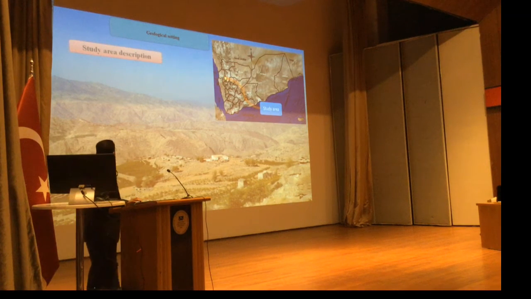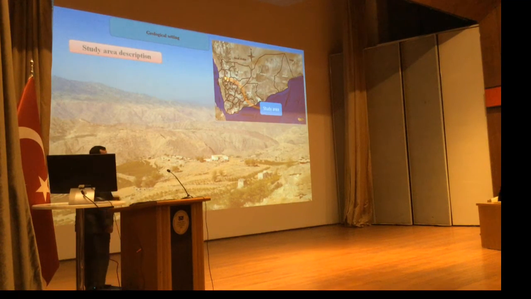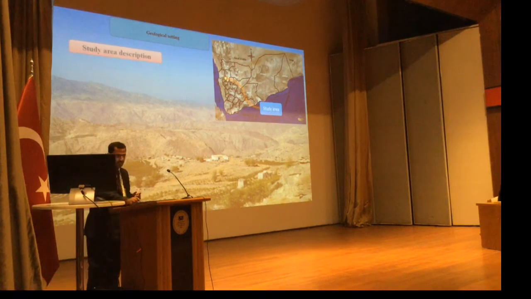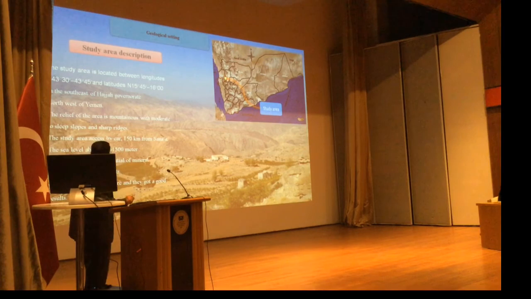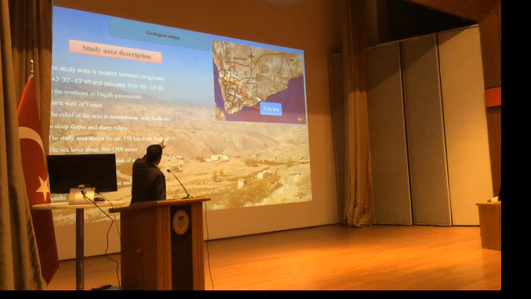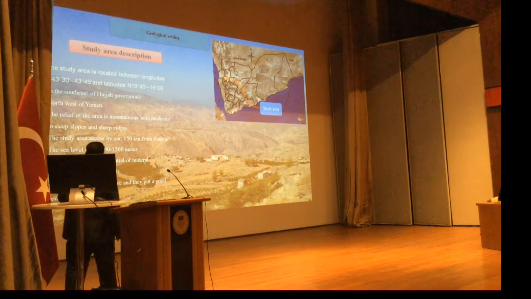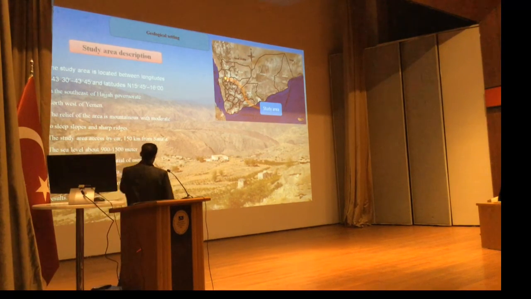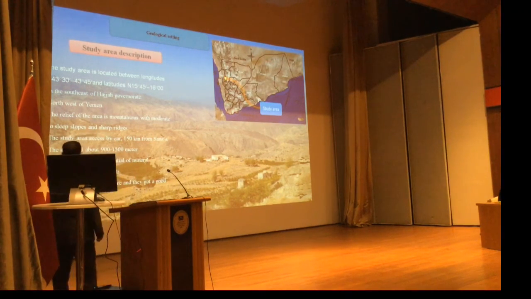As for the scale of my area, you see this photo. Most of it is covered by mountain. This is the location of my study area in the province of Hajjah, in the northwest of Yemen. The terrain is moderate and sloping.